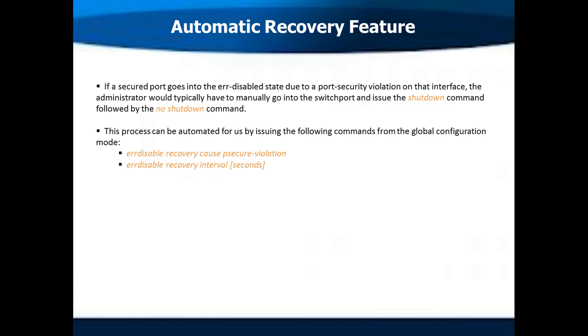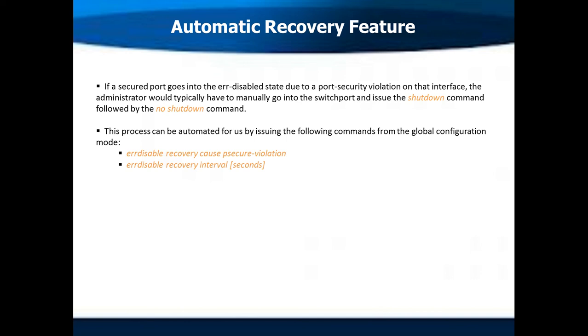So automatic recovery features. If a secured port goes into the error disabled state due to a port security violation on the interface, the administrator would typically have to go in and initiate that shutdown, no shutdown command.